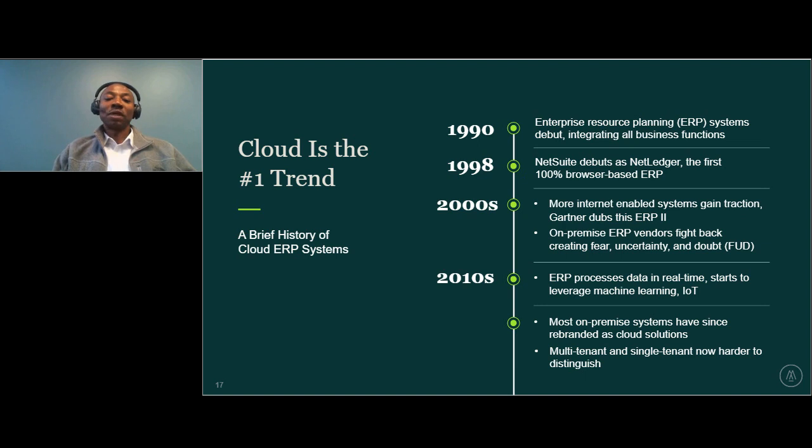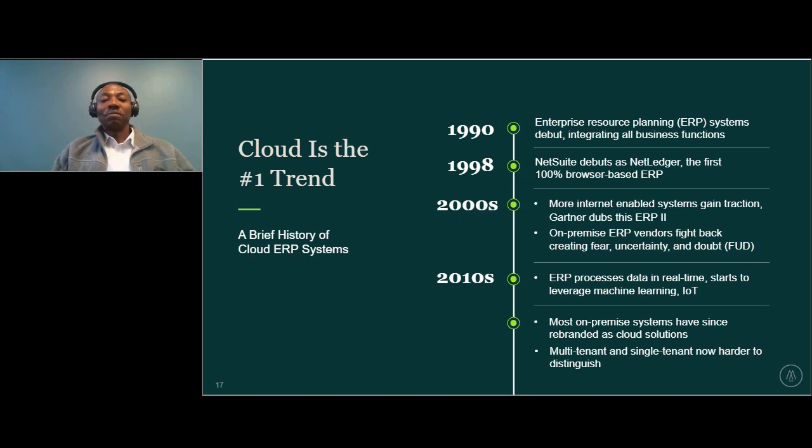ERP systems became popular in the 90s when some of the vendors we saw earlier developed on-premise applications integrating all business functions. But it wasn't until 1998, when NetSuite debuted as NetLedger, that we had the first 100% browser-based ERP system.